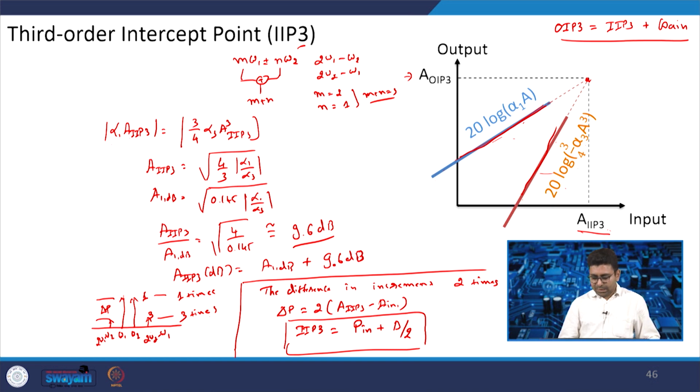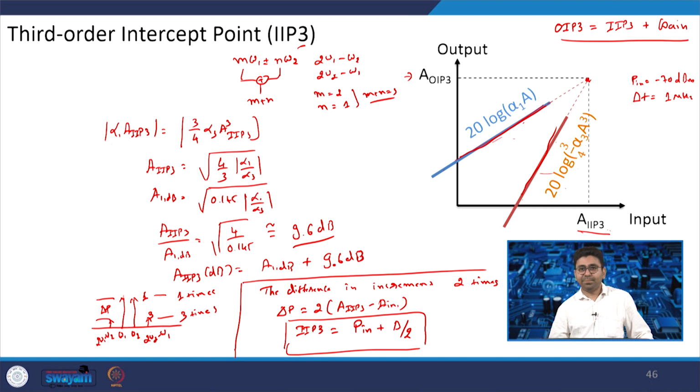I will just take one example. Let us say your input power is around minus 70 dBm, meaning the 2 tones you have given are at around minus 70 dBm, and let's say your delta F is around 1 megahertz.